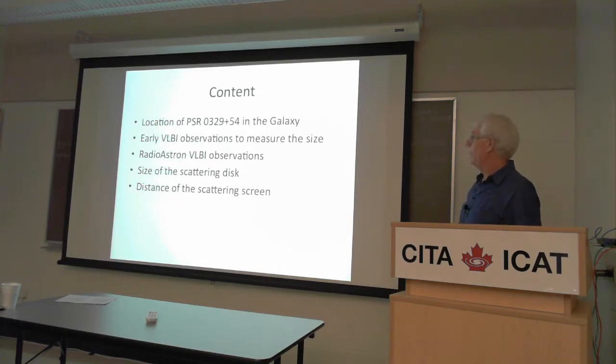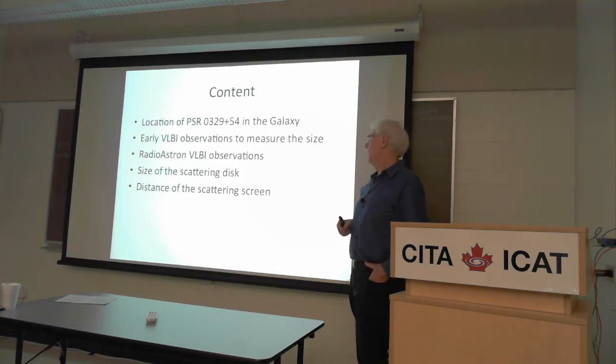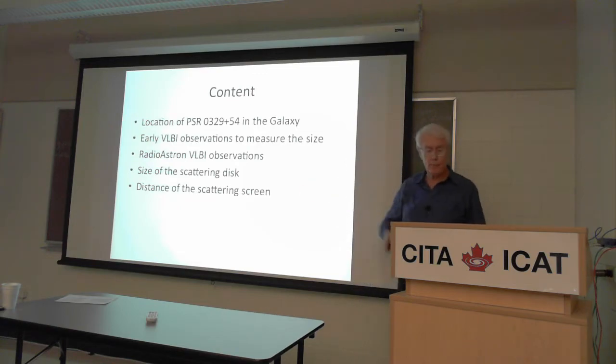Then I want to go into our RadioAstron VLBI observations, show you what we derived in terms of the size of the scattering disk, and also some derivations as to the distance of the scattering screen from us or from the pulsar.